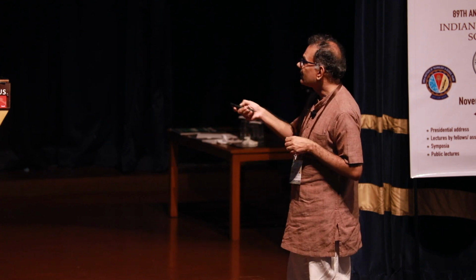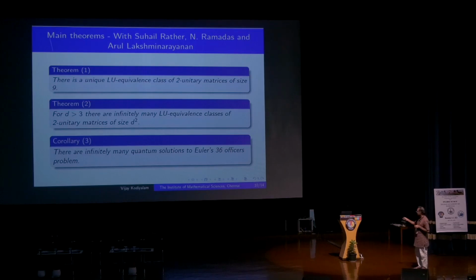Whereas theorem 2 says that as long as d is bigger than 3, for example for d equal to 6, which is the case we are interested in, there are infinitely many different solutions of size d squared. And that means there are infinitely many quantum solutions to Euler's 36 officer problem. This is what we showed.